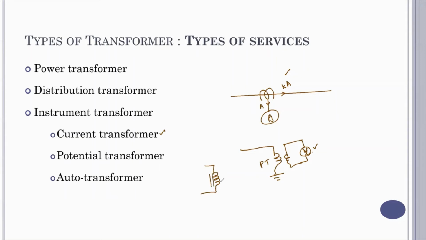That is, an auto transformer has a variable point which could be adjusted, and the value of output voltage is varied according to the position of this pointer. So that's an auto transformer. So these instrument transformers are extensively used for measurement and experimentation purposes.